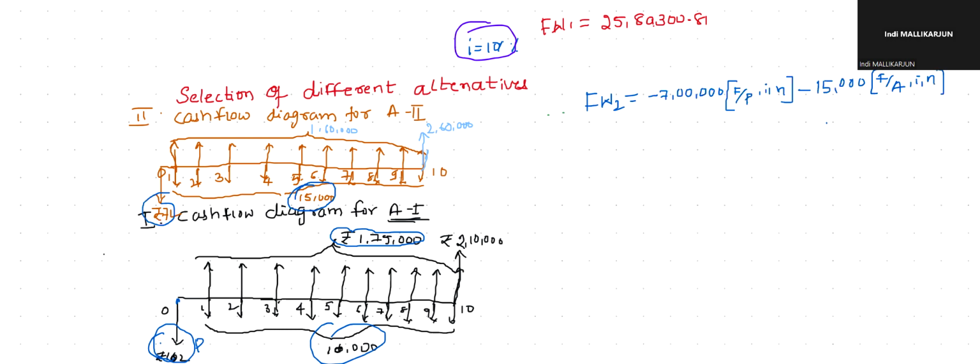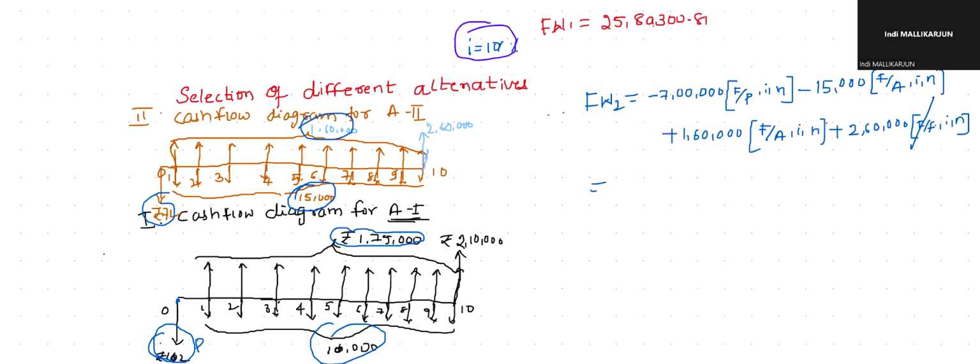Next, plus the expected annual income, how much is it? 1,60,000 into again future value for given annuity, for given rate of interest as well as useful period. Next, we have to calculate future value for the salvage value. Salvage value is our future value, so since it is a future value, cancel this. Whatever the value is, you directly put that.